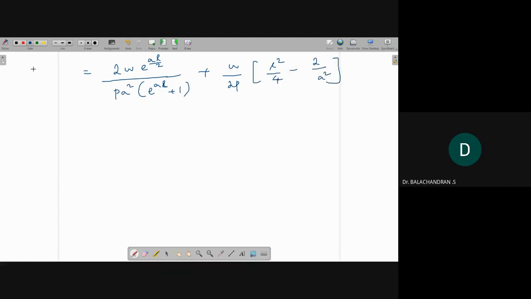So this is actually y at x equal to L by 2. So okay, central deflection is over.